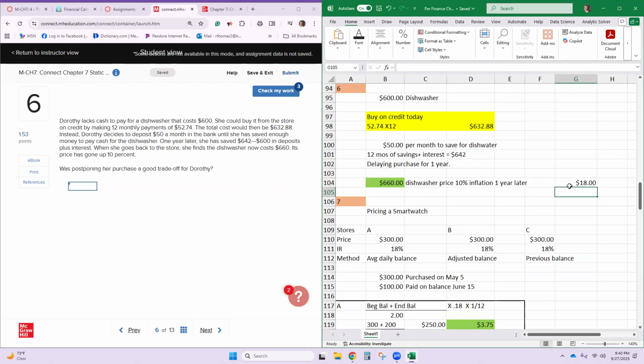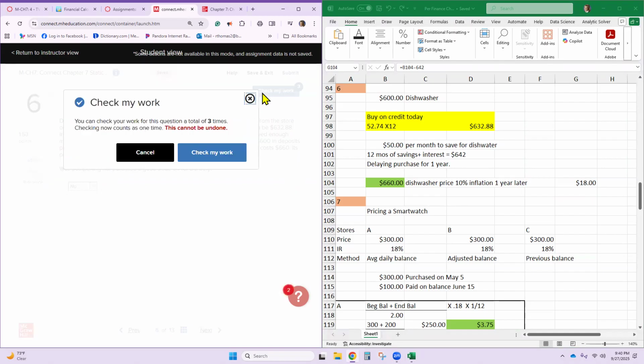Okay, so now she doesn't have to worry about paying any interest, and maybe she could just hold on 1 more month and doesn't even need to save that 50, just 18, right? So was postponing her purchase a good trade-off? In this case, no.